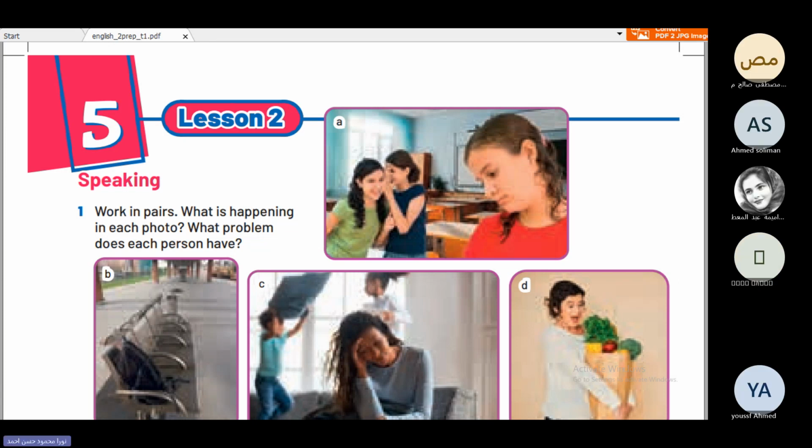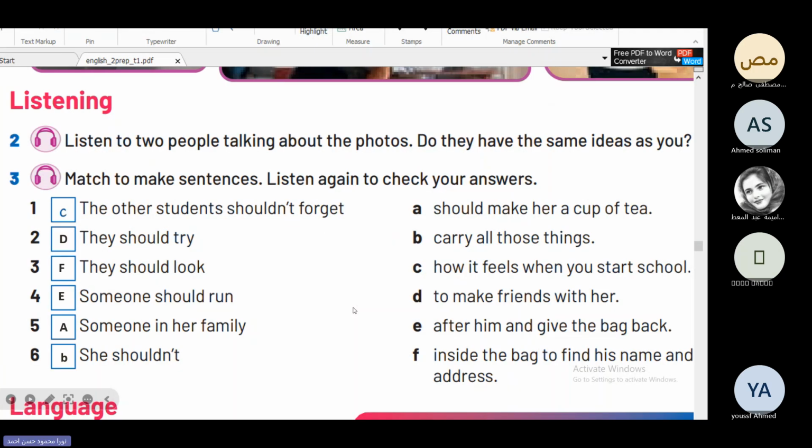Student's Book, Unit 5, Lesson 2. Okay, that's great. Back again. So, were the ideas that we listened to just right now similar to what we said about these photos? Yes. Yes, to a great extent they are similar, right? Okay. So, let's check our answers here.